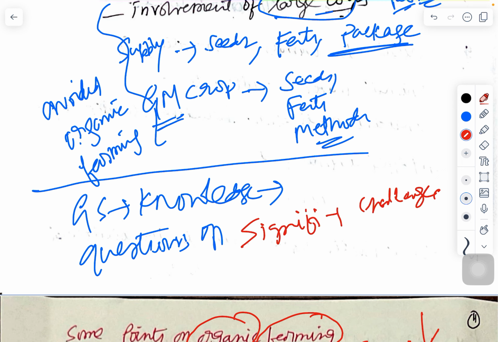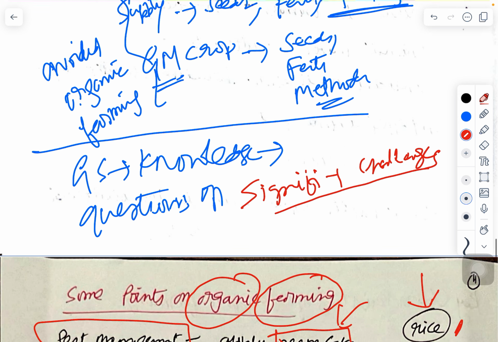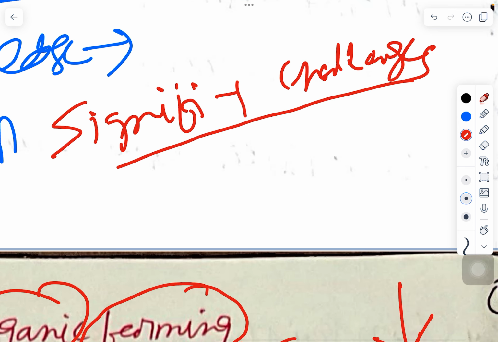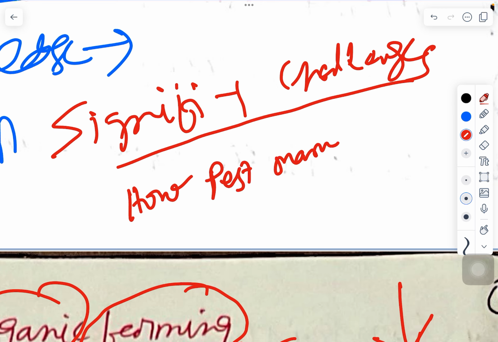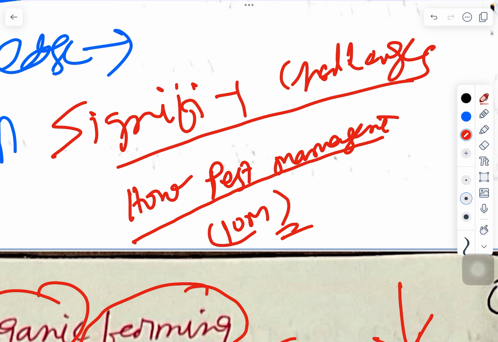If there is a question on, say, how pest management is done in detail for 10 markers, it is difficult to address such questions based on the discussion we had.